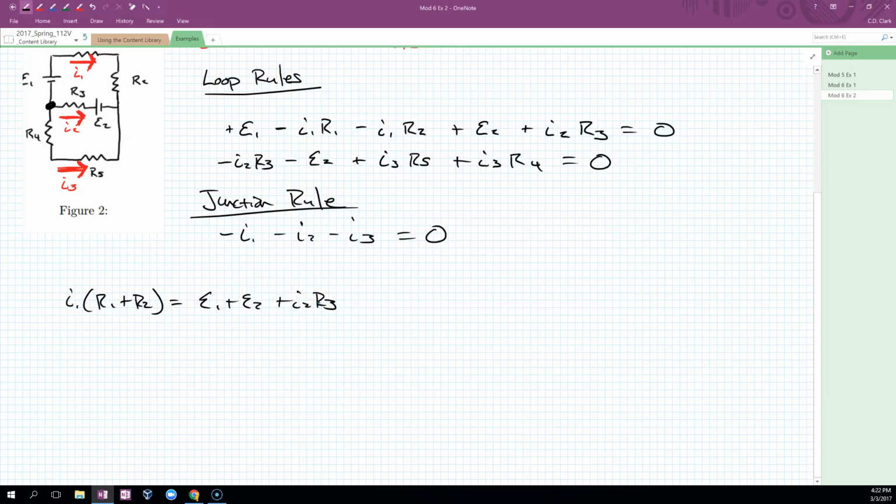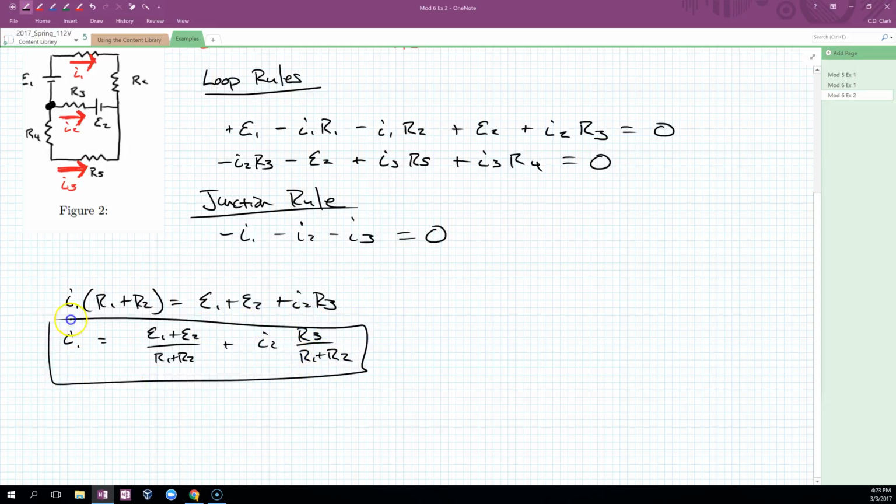All I've done is rearranged that top equation, moved this stuff over to the right hand side, and then flipped the equation. So I1 can be written as this. And I've just separated these terms here so that the I2 is by itself.